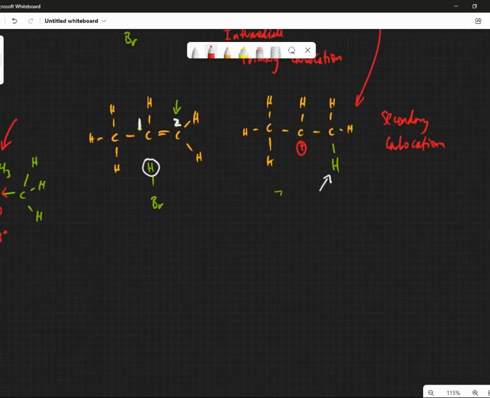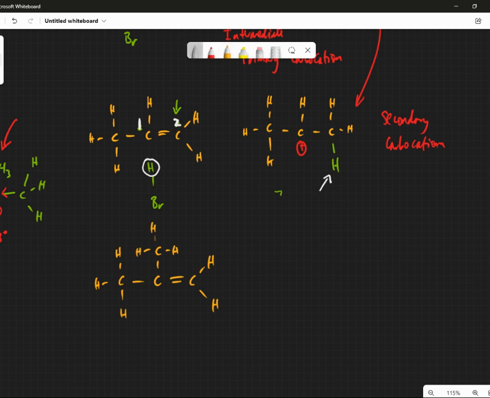Okay, so let's do the last one. And the last one, if you remember, is methylpropane. So let's draw propane first. There's propane. But now I'm going to take this hydrogen away and put a methyl there.